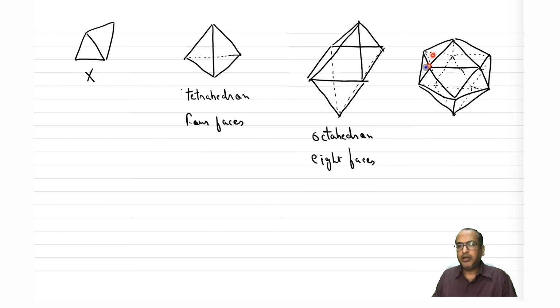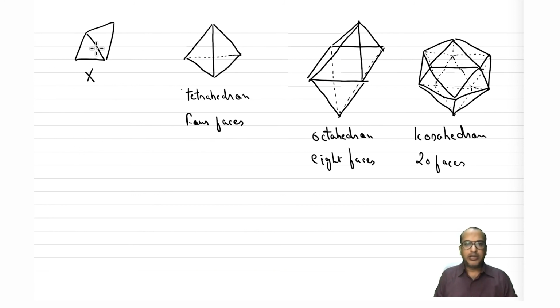Similarly here 1, 2, 3, 4, 5. Here 1, 2, 3, 4, 5. So this particular figure is called an icosahedron. Here you have 20 equilateral triangles, or 20 faces, and this one is also a regular polyhedron, so it falls into the definition of regular polyhedra.